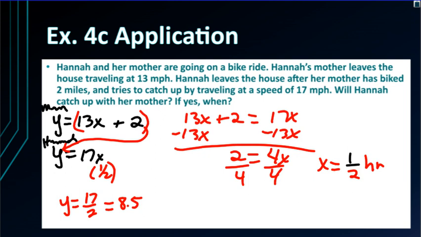But the mother would have gone 6.5 miles from the time Hannah started because of the +2. So that is our lesson today on solving and classifying special systems of linear equations.